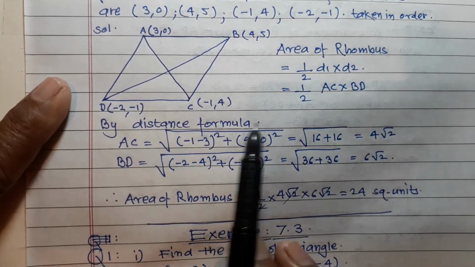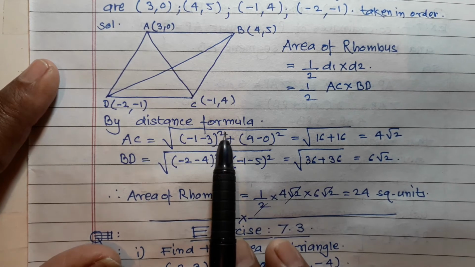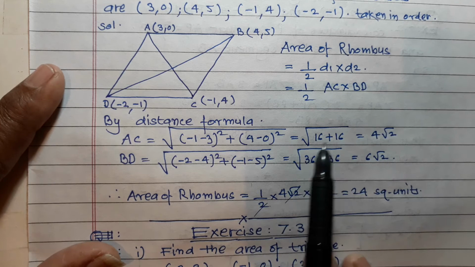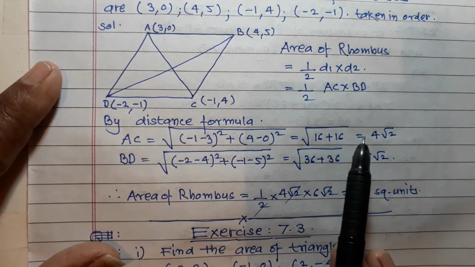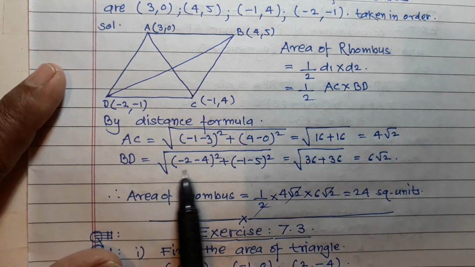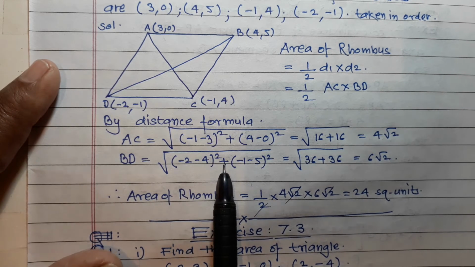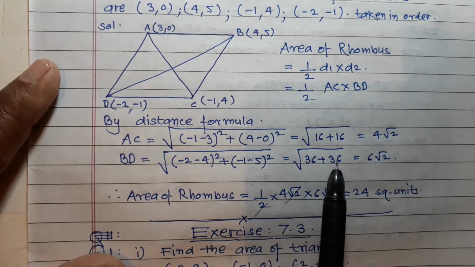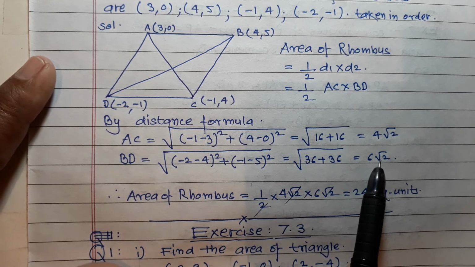By the distance formula, AC is equal to the square root of ((-1 minus 3) square plus (4 minus 0) square), which gives you root of 16 plus 16, equal to root 32, equal to 4 root 2. And BD is equal to the square root of ((-2 minus 4) square plus (-1 minus 5) square), which gives you 36 plus 36, and is equal to 6 root 2.